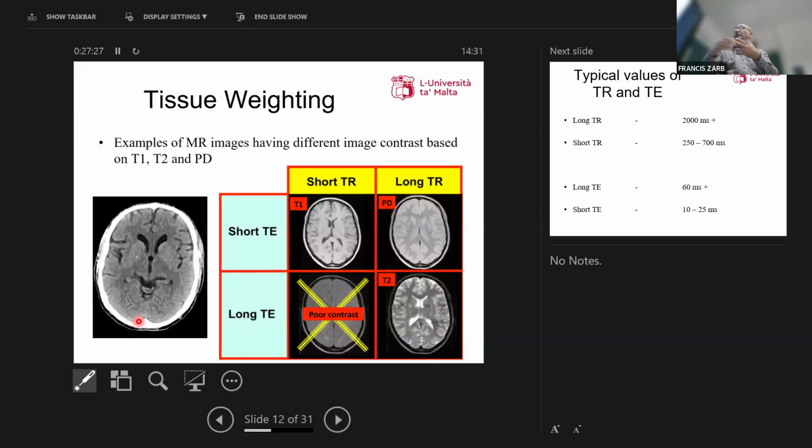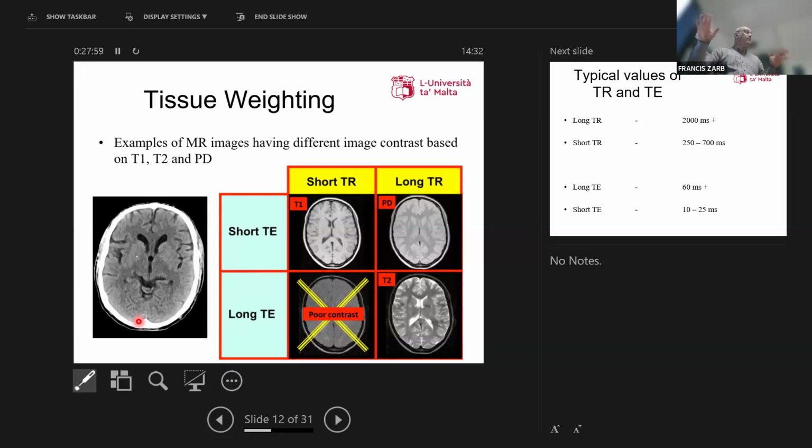Those are the basics. Proton density may give some information, because it is somewhere in between, and there are certain structures. For example, if you're doing the brain and you want to see the inside of the ventricles, proton density is better than T1 and T2, because in T1 and T2, the inside of the ventricles is obscured totally by either no signal intensity in T1 or high signal intensity in T2.